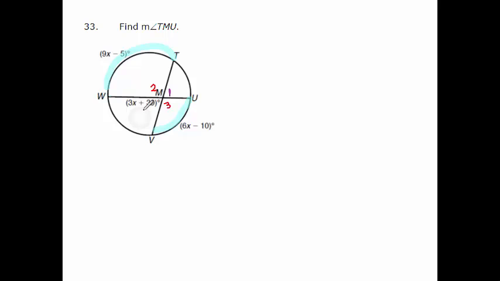I'm only given this angle here, but I know that it is supplementary to angle 2. So that means 180 minus 3x plus 30 is how we can represent angle 2. So that's 180 minus 3x minus 30, or 150 minus 3x.